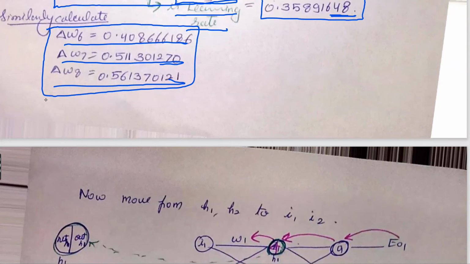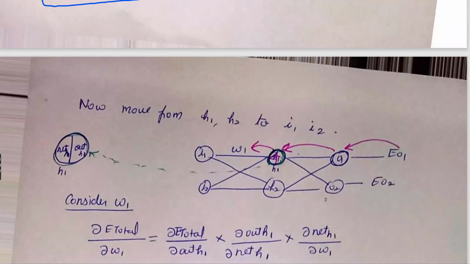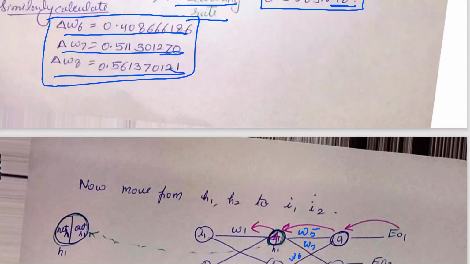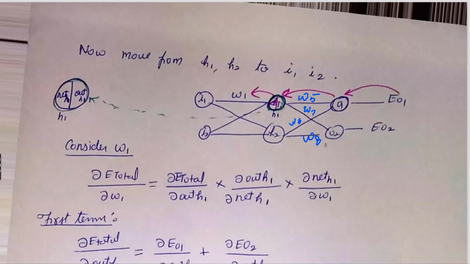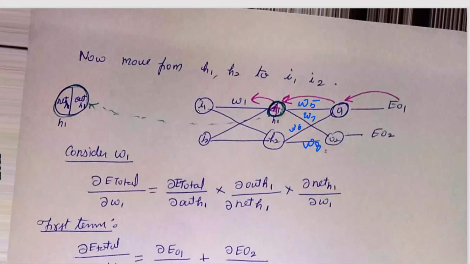Now all these weights, W5, W6, W7 and W8, we have calculated till now. Here we will move from H1 to I1, which means now we have to update the weights W1, W2, W3 and W4.